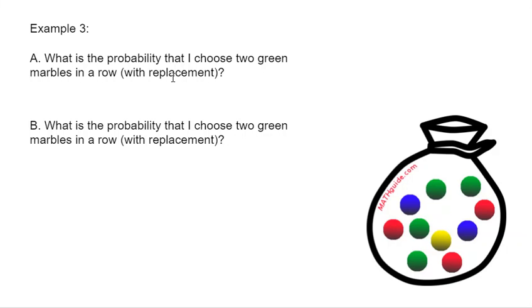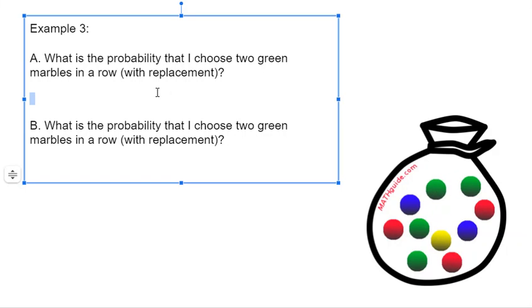Okay? So the first one would be, how many greens do I have? I have 4 greens out of how many altogether? 4 out of 10, good. So the first one would be 4 out of 10. And since I put that green marble back, I do another 4 out of 10.